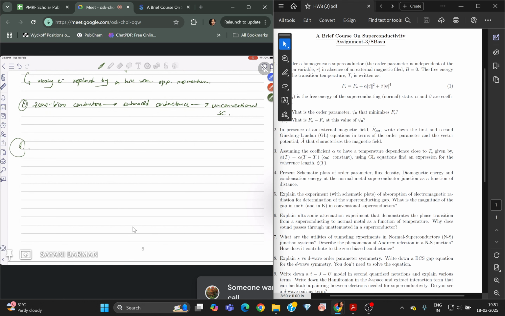S wave is the conventional BCS superconductor, which has an isotropic gap in momentum space.